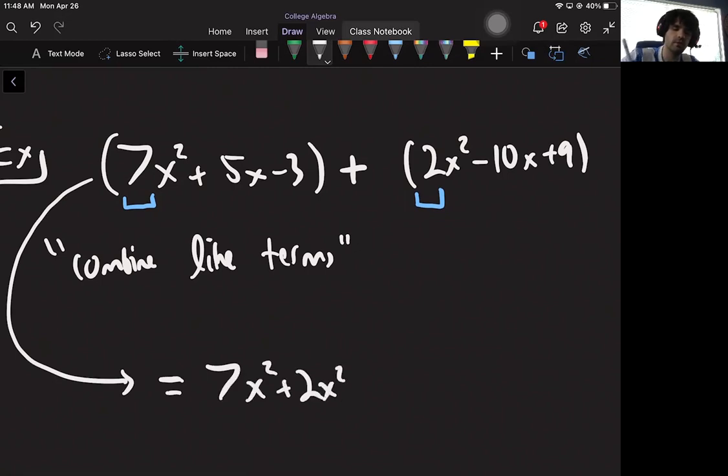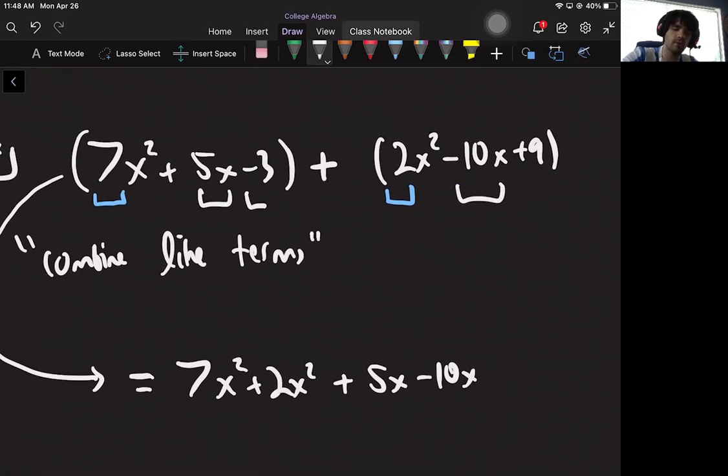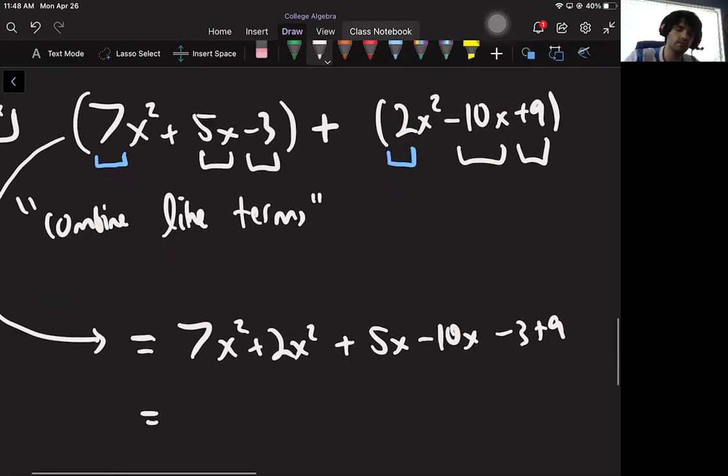I'll put the x squareds together. I will put the x's together with just one power of x. You don't have to do this as an extra step here. And I'll put the numbers with no powers of x next to each other just to see. And this is how you add the two polynomials.